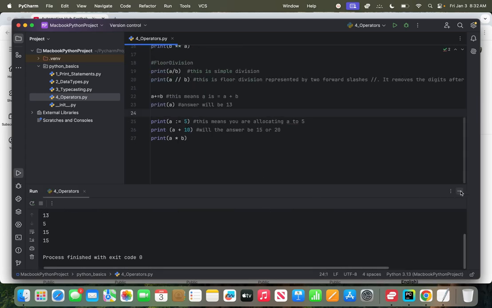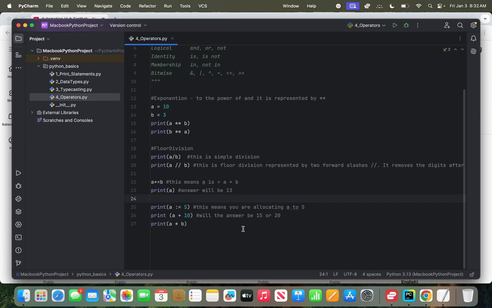Again, it will not be 10 into 3, 30. It will be 5 into 3, 15, because here the value of A has changed. The assignment here has made the value of A from 10 to 5. So this symbol signifies the fact that now the value has moved to number 5 and 10 no longer exists in the memory location, at least from row number 25 and after. So hopefully this was interesting.